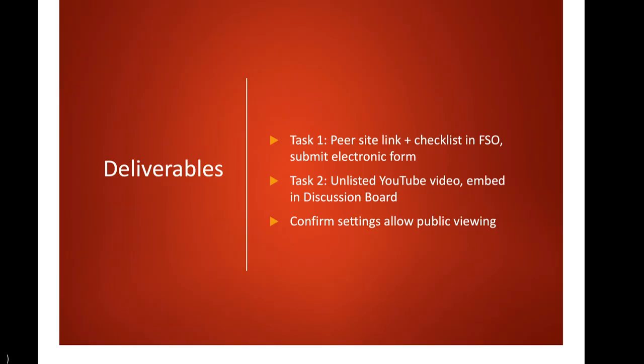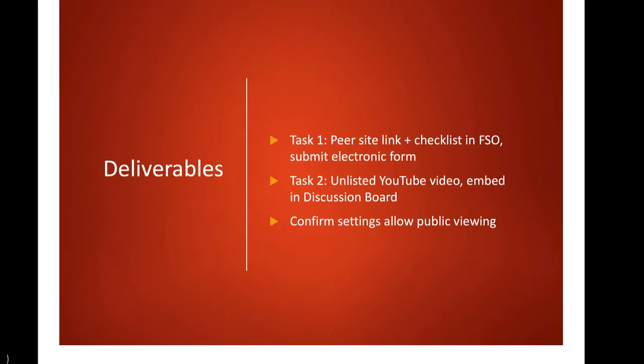All right, so submit your peer site link, the bulleted checklist, not the whole checklist, just the bulleted things that need to be looked at, and embed the video. You're going to have your unlisted YouTube video, embed it into the discussion board, right?